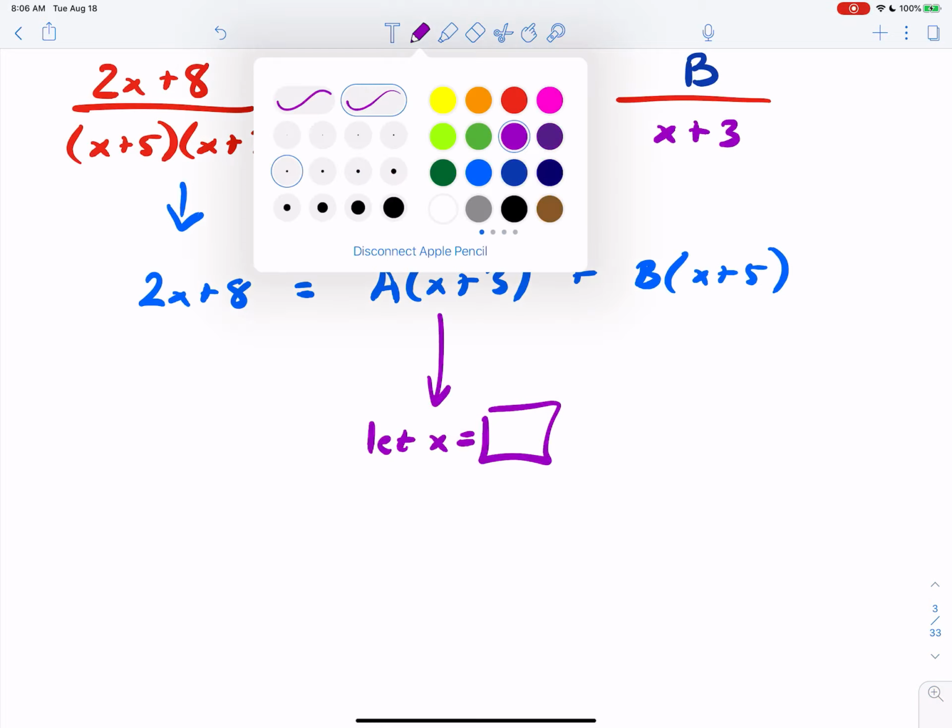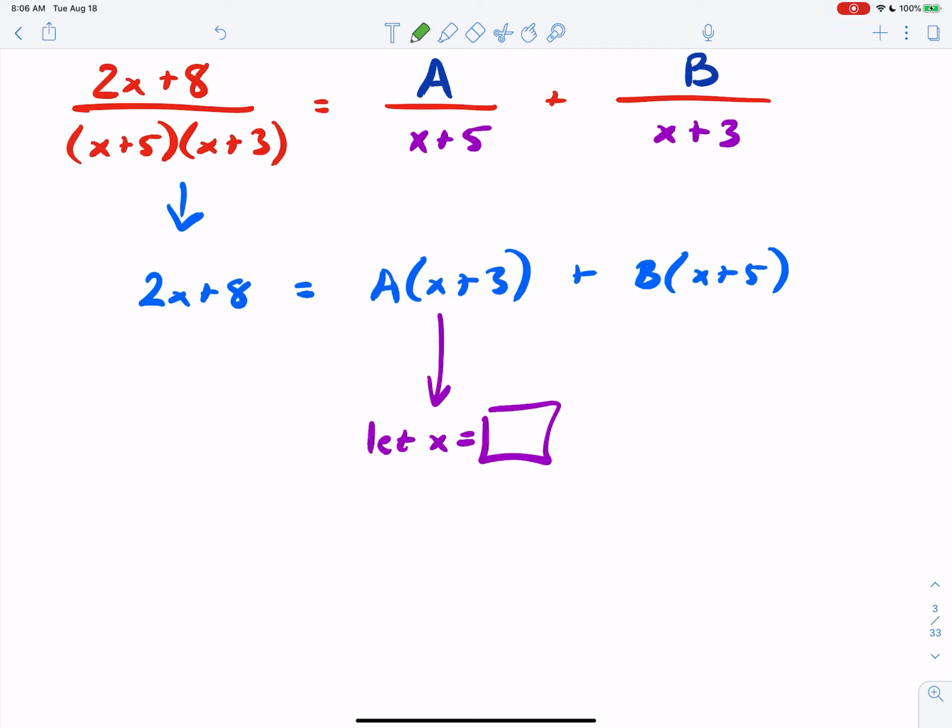Right? So if you've given it enough time, if you let x be -3, down in here, that whole thing will go to 0, and if you multiply a with 0, that whole thing is going to disappear. Okay? So you're thinking of x values that'll make it go to 0. Okay? So if we let x be -3, we know that this will disappear.